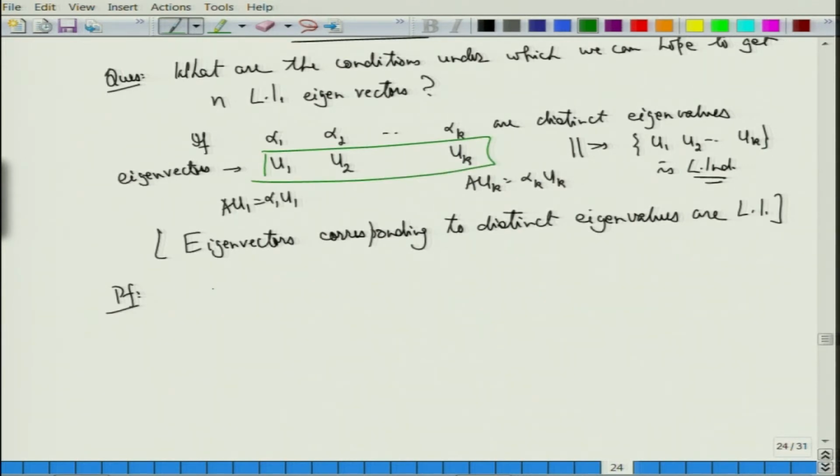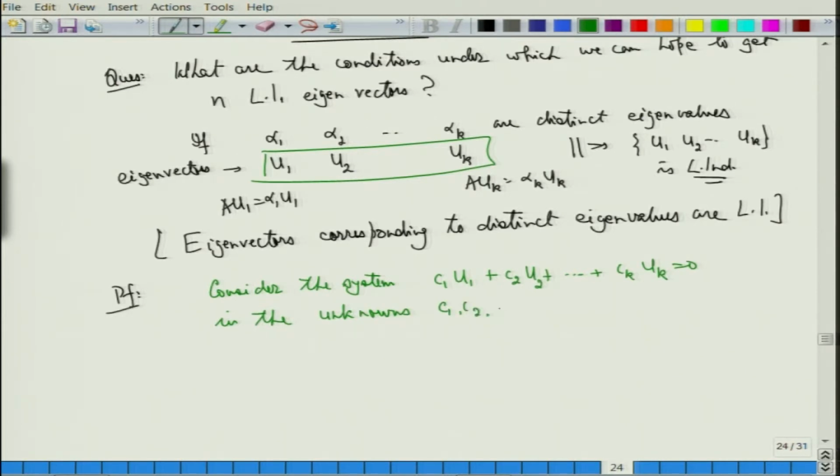So, consider the system C1 U1 plus C2 U2 plus Ck Uk is equal to 0, in the unknowns C1, C2, Ck belonging to C, complex numbers, because the Ui's are complex vectors, and I am assuming that A is n cross n, so the Ui's are in Cn, so that it makes sense.